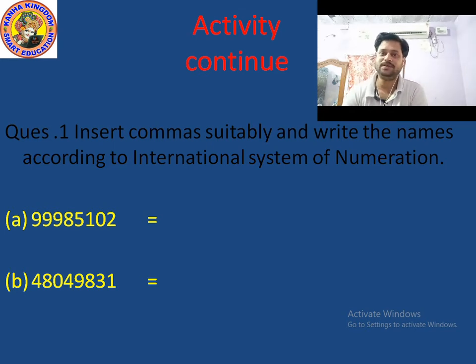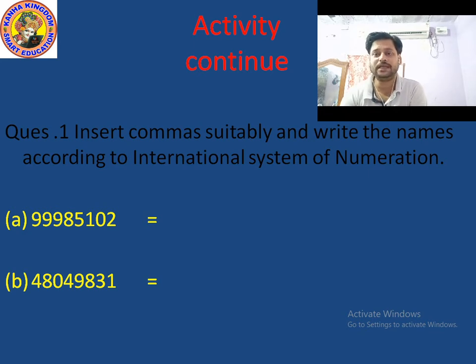999,85102. Once again I repeat the number, 999,85102. Okay, you understand how to insert the comma, and after inserting how to read it. Now B part. In B part, the number is 480,49831.